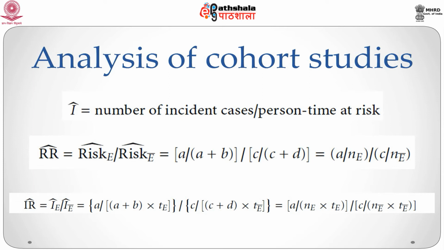We can also define the incidence ratio in the case where the person years of follow-up is different for each individual, as IR hat equal to IE hat / IE bar hat equal to [A/((A+B)·TE)] / [C/((C+D)·TE bar)], where TE and TE bar denote the total person years at risk for the two categories.